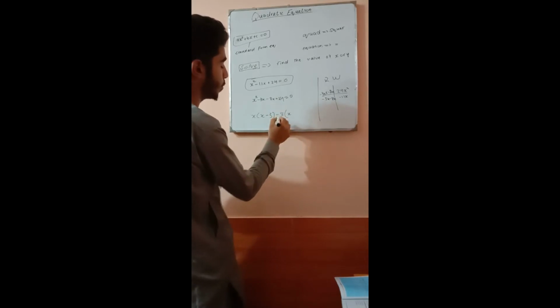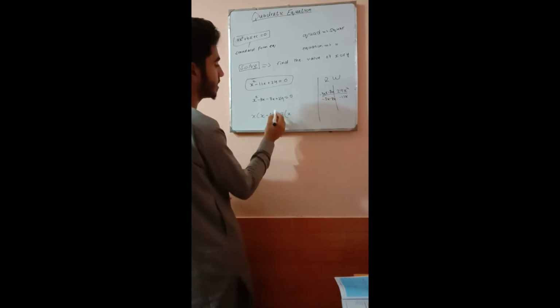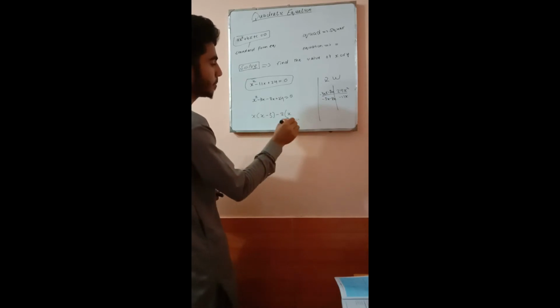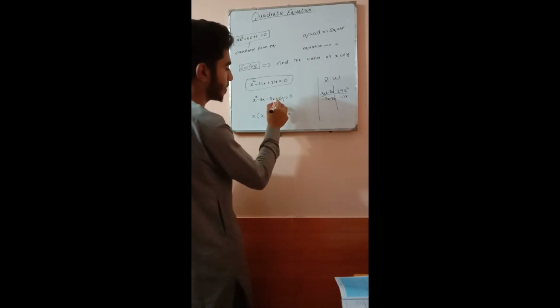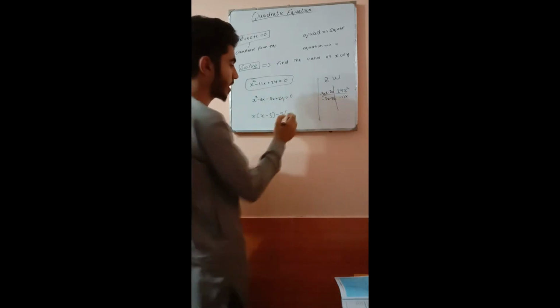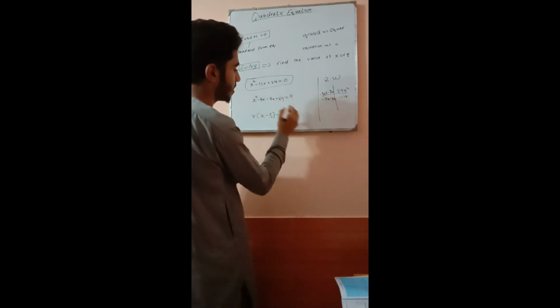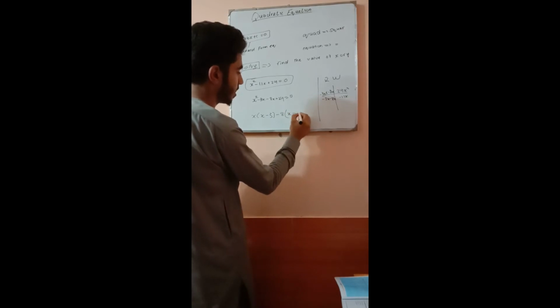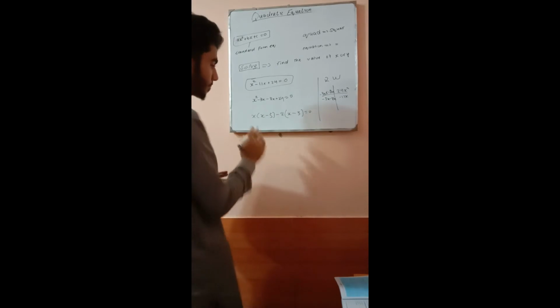And when we take the minus in common, the values inside the bracket are changed: if there is a plus, it becomes minus, and if there is a minus, it becomes plus, so it becomes x minus 3, is equal to 0, okay.